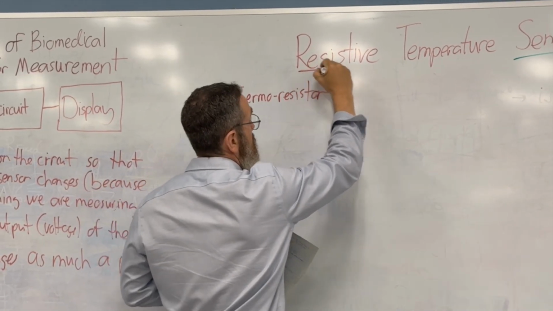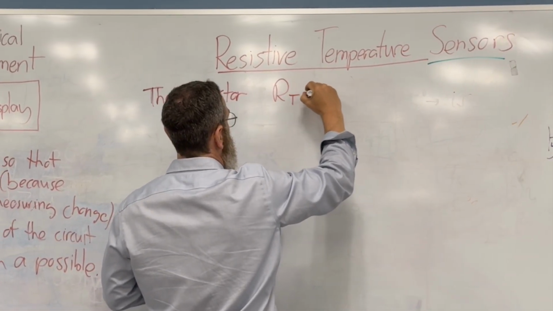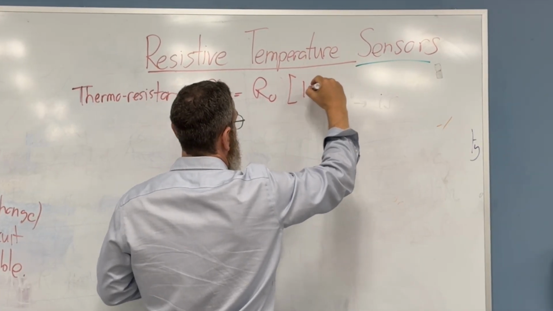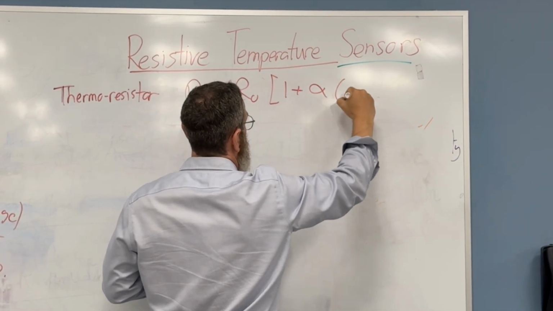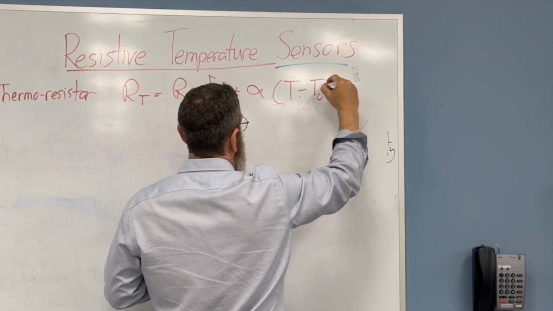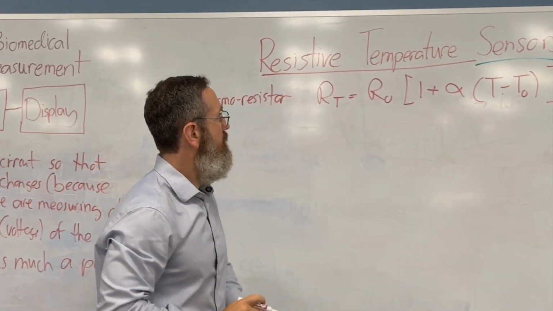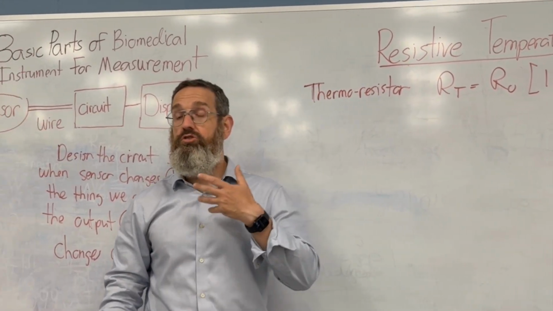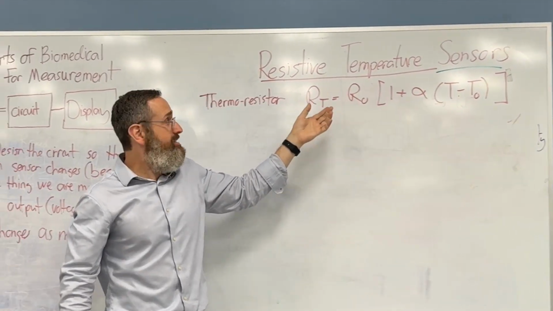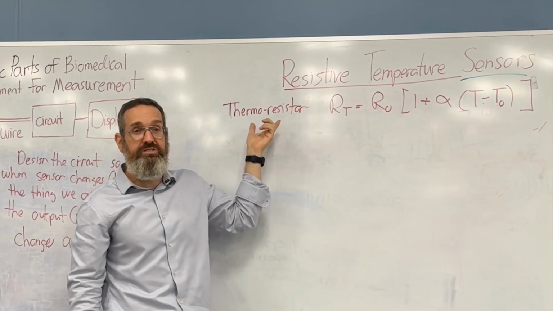Thermoresistor: R sub T equals R sub 0 times 1 plus alpha times T minus T sub 0. All right. So we talked about resistive temperature sensors, and I said there are some resistive temperature sensors called thermoresistors.